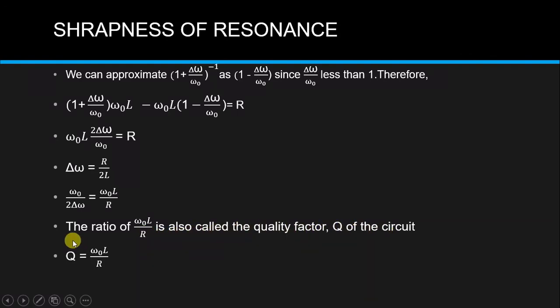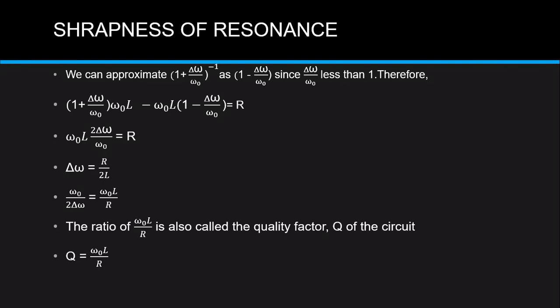Q equals omega 0 L upon R, it is known as the quality factor. Now the quality factor is used for resonance, to tell how proper the resonance is. So Q of the circuit equals omega 0 L upon R.